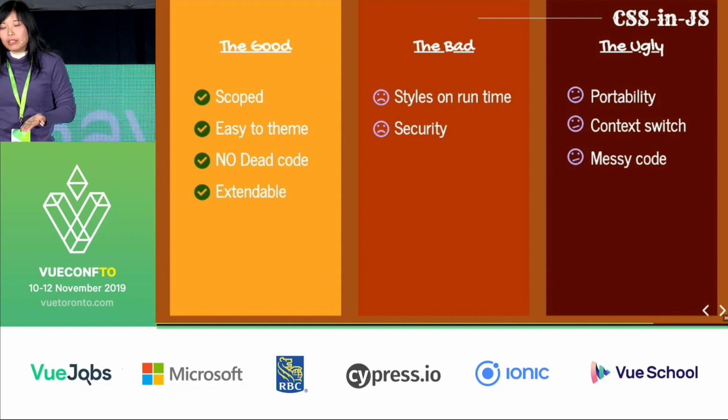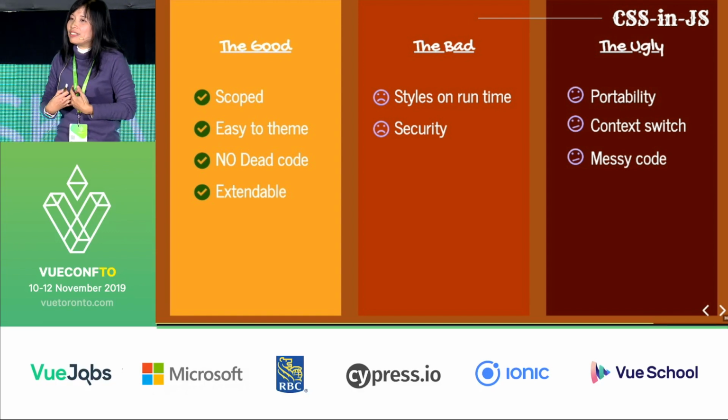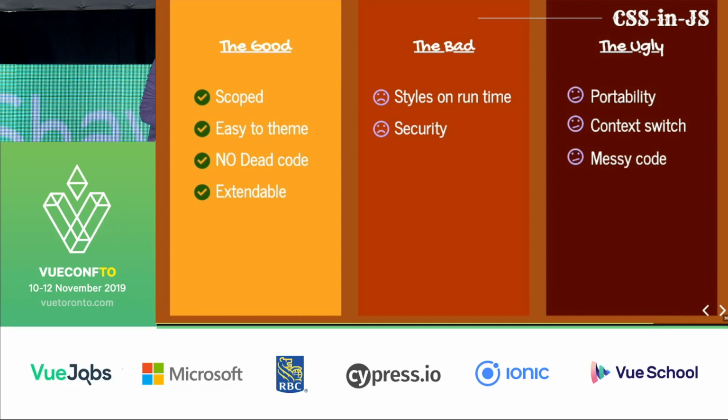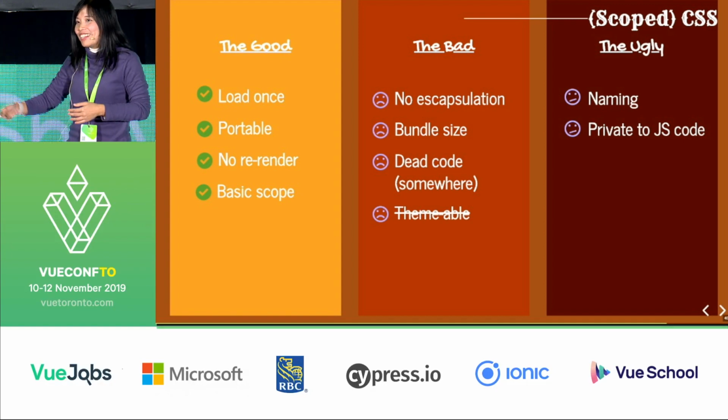They style at runtime, so you need to take all of this into consideration if you have a large JavaScript code base. And it's also messy code because you're technically mixing JavaScript and CSS. So think about it. On the other hand, CSS also has good, bad, and ugly. More bad than good. But Tailwind CSS is cool.